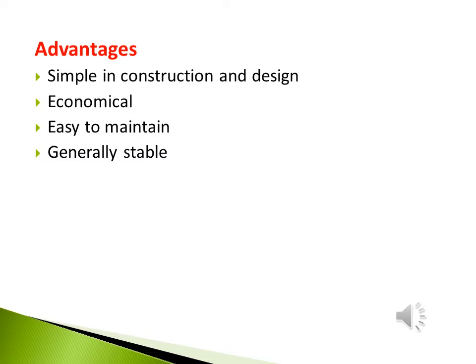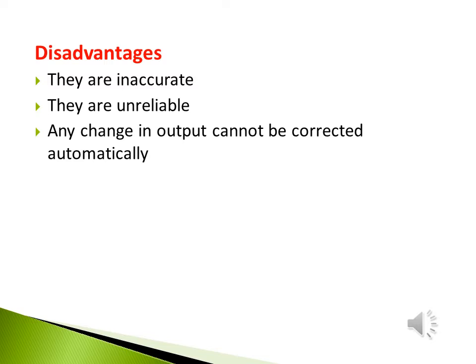These are the advantages of open loop control system. Its design and construction are very simple, it is economical, it is easy to maintain, and generally it is a stable one. These are some of the disadvantages of open loop control system.